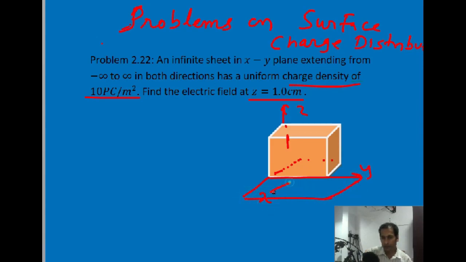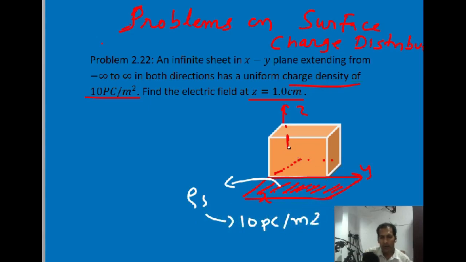This one. So here we have to consider one infinite sheet on which surface charge density is present. That surface charge density is given as, say, rho s, and this value of rho s is given as 10 picocoulomb per meter square, and we have to find out its effect on z is equal to 1.